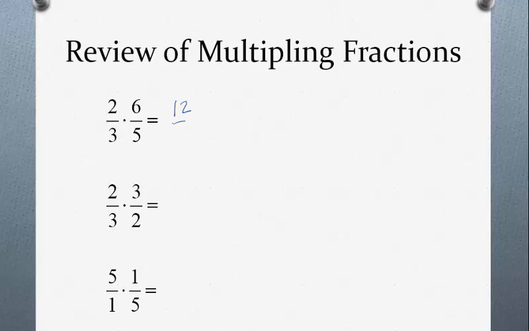So in this one we would get 12/15ths, which would need to be simplified. If I divide those by 3, I would get 4/5.